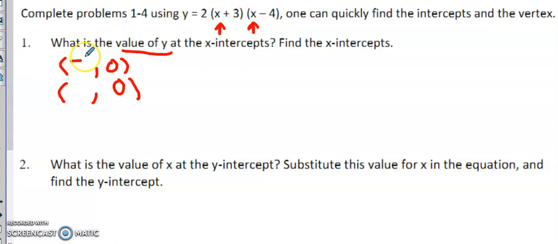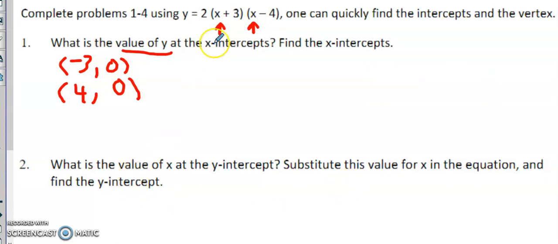And so for the first parenthesis, -3 would be the value of x. That would make that parenthesis equal 0. That's called the first 0 or root. And for the second one, it would be 4, since 4 minus 4 is 0.